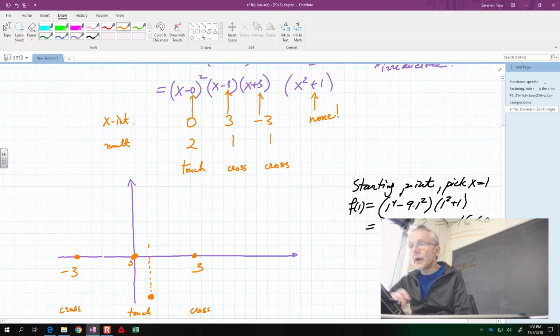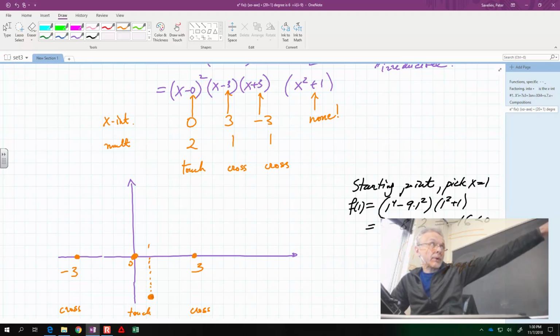That helps, because now, starting from this point, if I go to the right, where am I going to end up? I'm going to end up at 3 over there, like this.